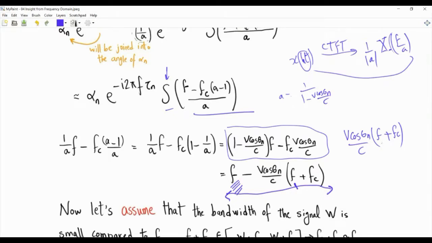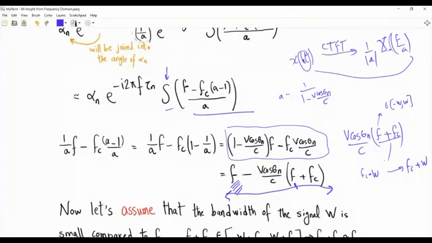And in communications we use band limited signals, and so f basically is between minus w and w, right? So this thing here is from fc minus w to fc plus w. So f is a variable, it's the frequency variable. And again, by design we choose our signal to be band limited.